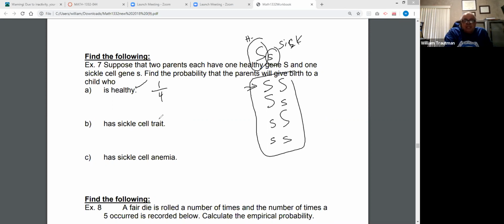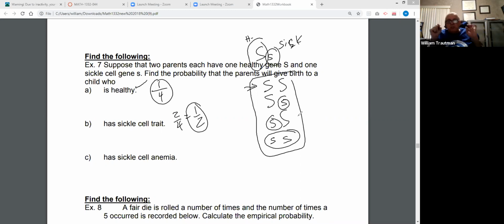The one that has sickle cell trait, if you have 1 S, that's the sickle cell trait. So there's 2 out of 4 that have a 1 S, which is 1/2. And finally, the sickle cell anemia, that's bad. That's when you have both the small s.